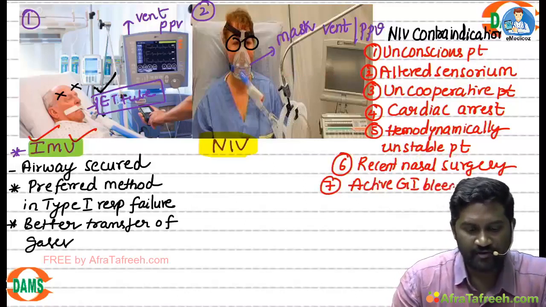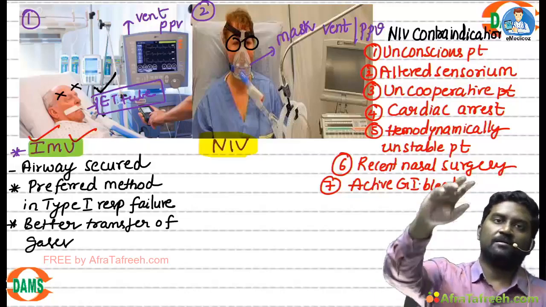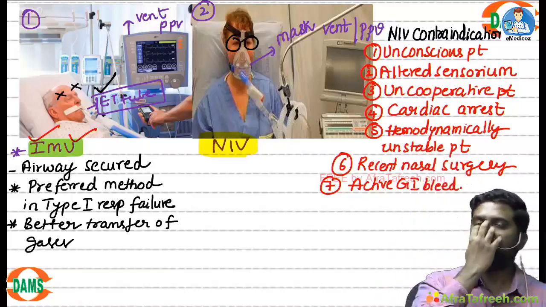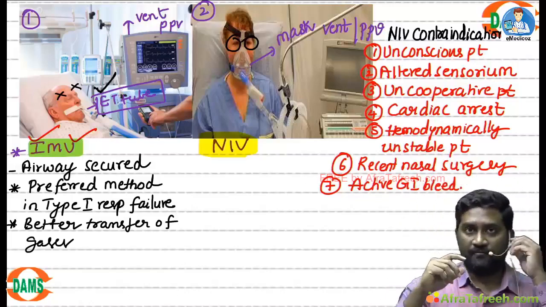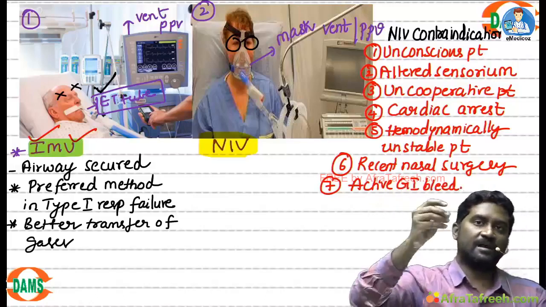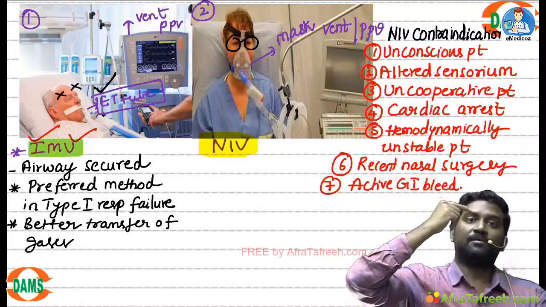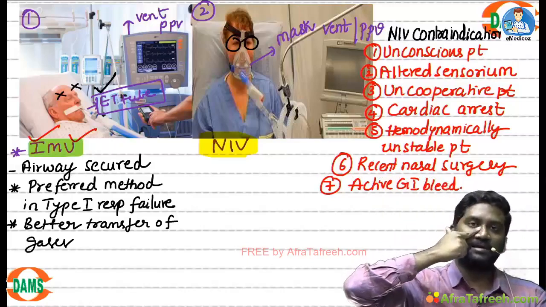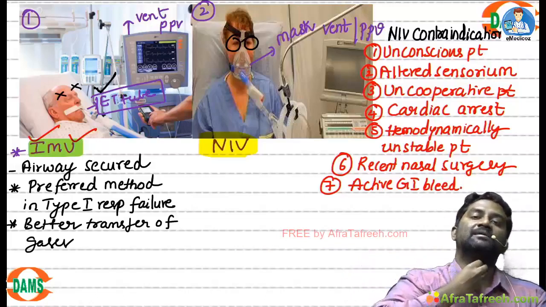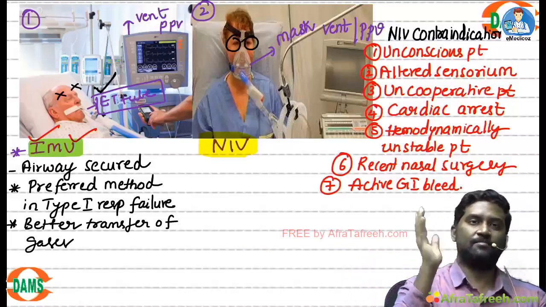Now why should I avoid it in patients with recent nasal surgery? Because here you are not only giving positive pressure through the mouth, you are giving it through the nose. Whenever there is a recent nasal surgery, that positive pressure can damage the surgical wound. Whenever the surgical wound is damaged, blood can leak. So blood from the nose can go backward into the trachea, resulting in asphyxiation with blood clot.